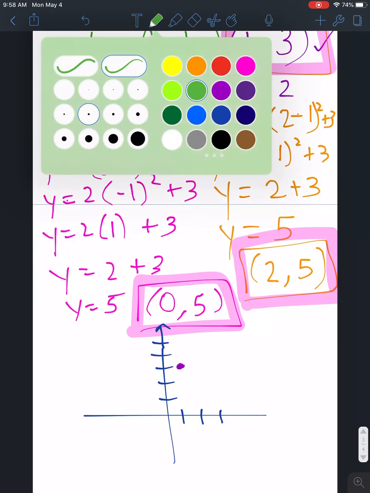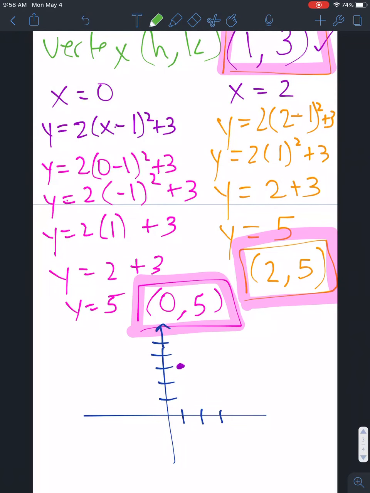Now my 2 points I'm going to graph are 0, 5 and 2, 5. So 0, 5, go up 5, that's that green point. Then I go to 2, 5, which is right up here. That's that orange point. Now all of this is nice and symmetric. All you've got to do is connect that with a U.